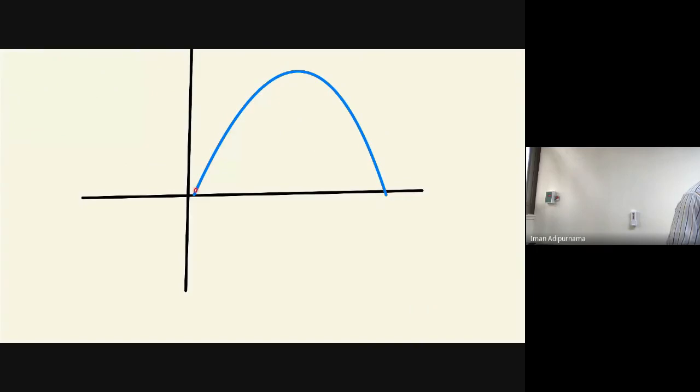The gradient here is still positive, and getting horizontal. So its gradient is positive, positive, positive, and then at the horizontal point, it's 0.